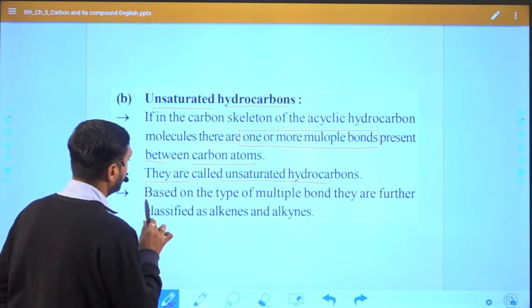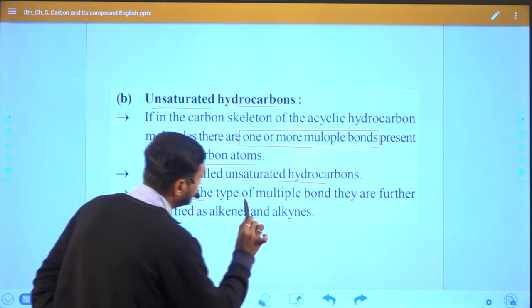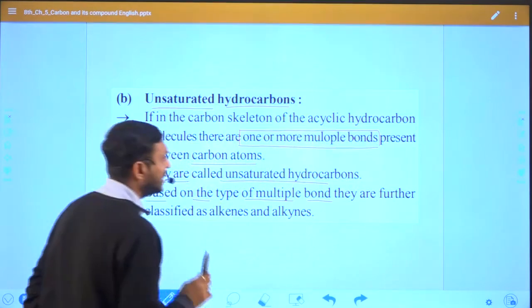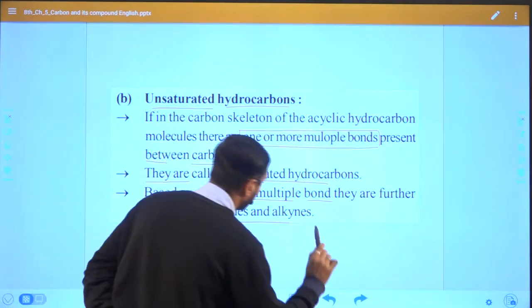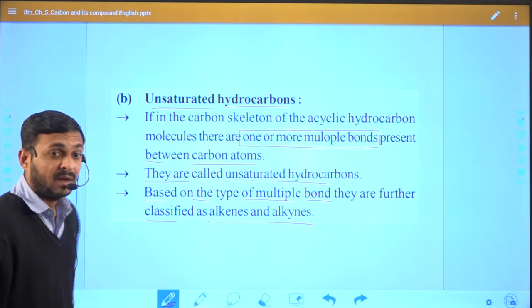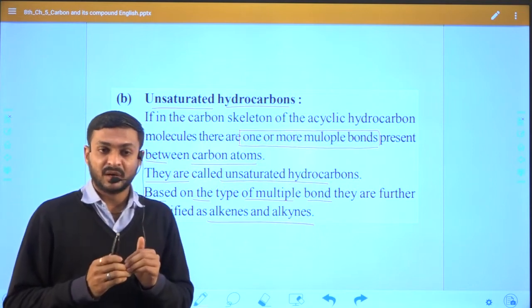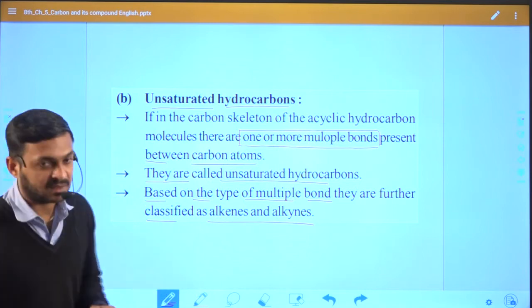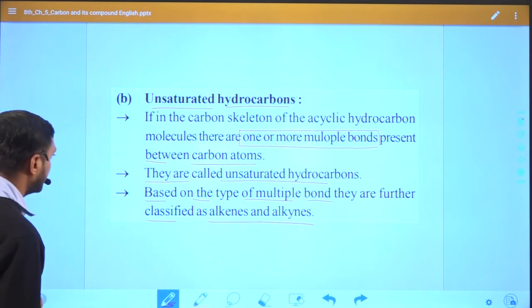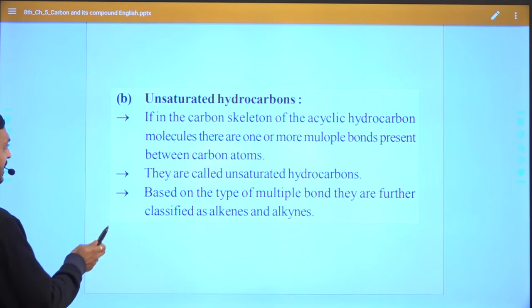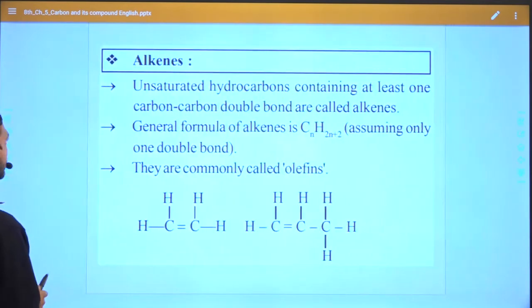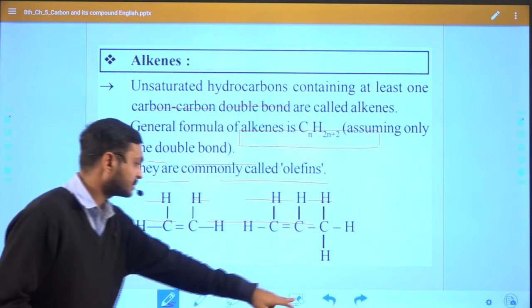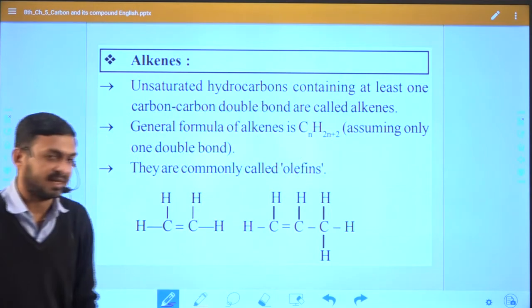Depending on the type of multiple bond, they are further classified into alkenes and alkynes. So based on the multiple bond, we can classify into two categories, alkenes and alkynes. What is the difference between alkene and alkyne? We can try to understand with this example.